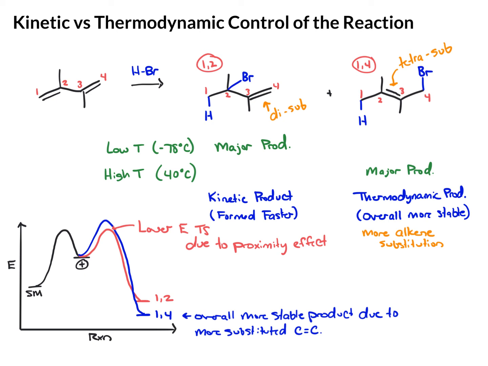In the case of the low temperature, what we have is the low temperature will allow this 1,2 product to form faster, but the low temperature prevents the reverse reaction. So what that means is you form the 1,2 product and you stay there.